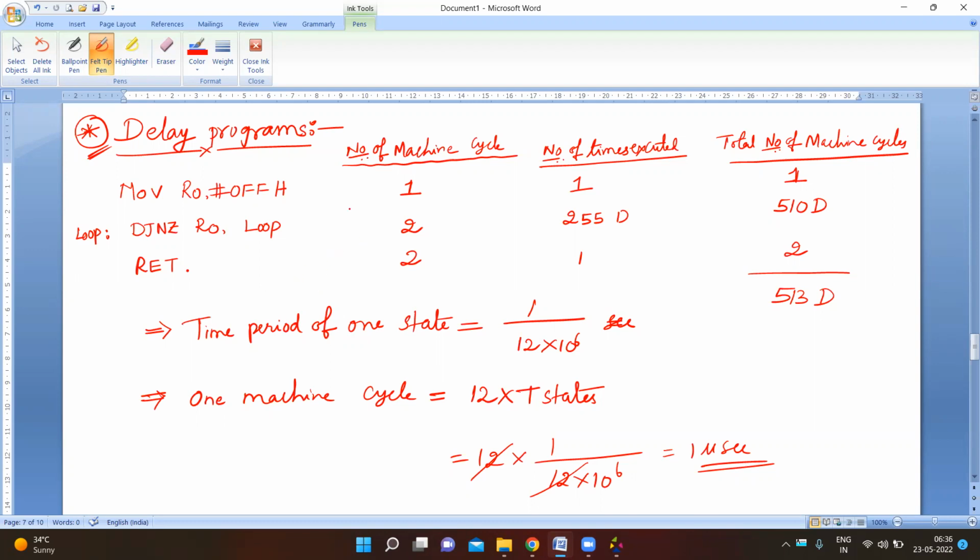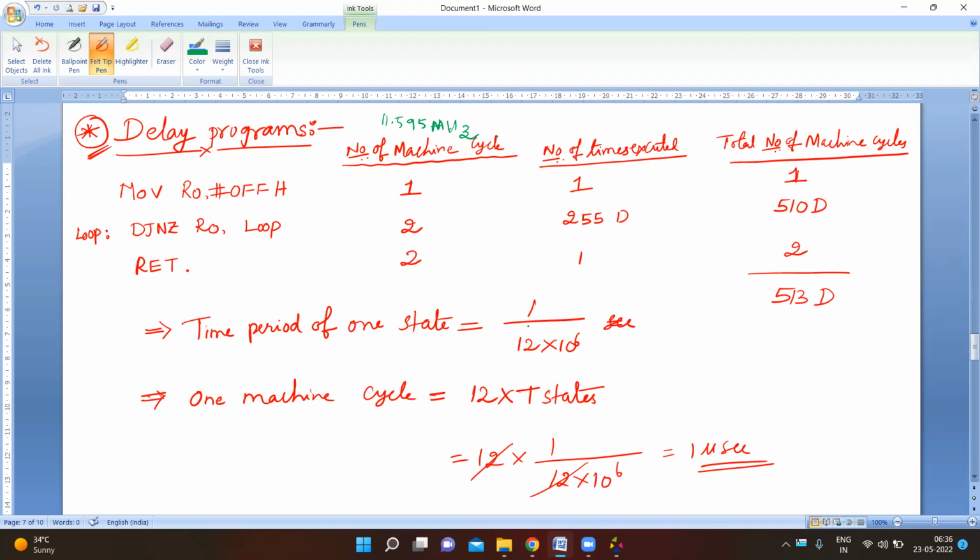The clock frequency of the microcontroller is 12 megahertz, right? Actually it is 11.0592 megahertz, but approximately, for our convenience, take it as 12 megahertz.